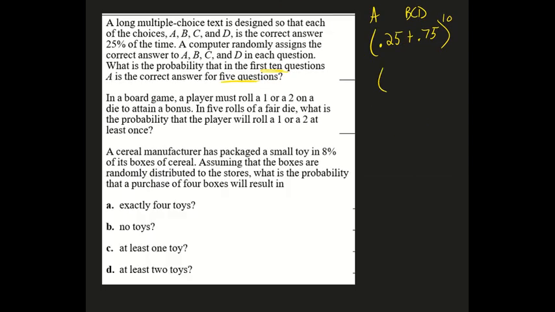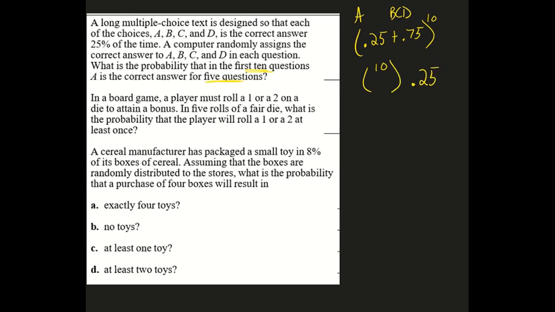So we set this up. So we have 10C something, 0.25 to a power, 0.75 to a power. A is the correct answer for 5 questions, so it's 0.25 to the 5th, 0.75 to the 5th, 10C5, and then we multiply those 3 values together.